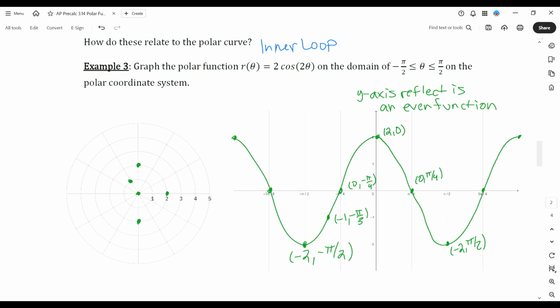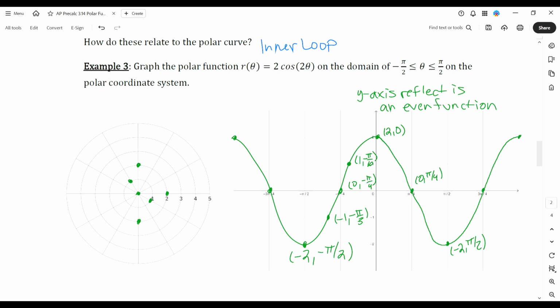So that value is right there. This is 1 comma negative pi over 6. So that point, oh, these are so cool. This is going to help you with homework and stuff like that. Radius of 1, negative pi over 6, is right here.